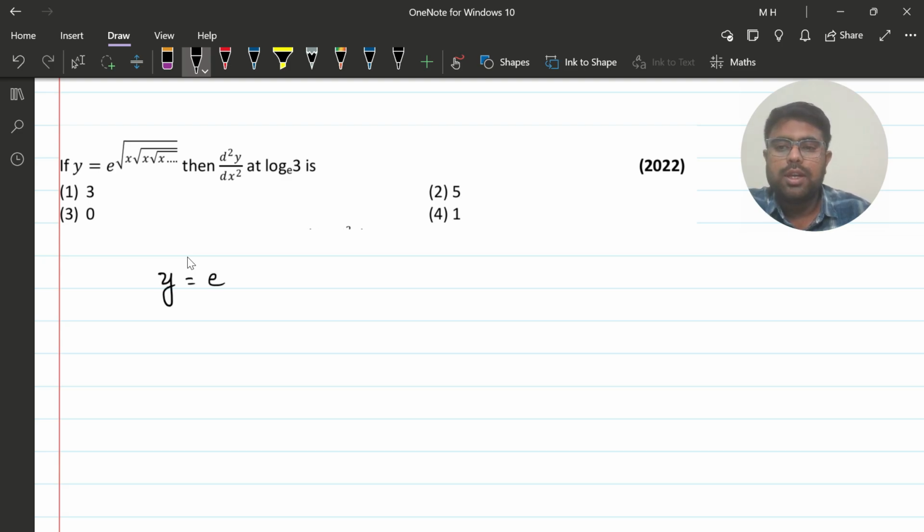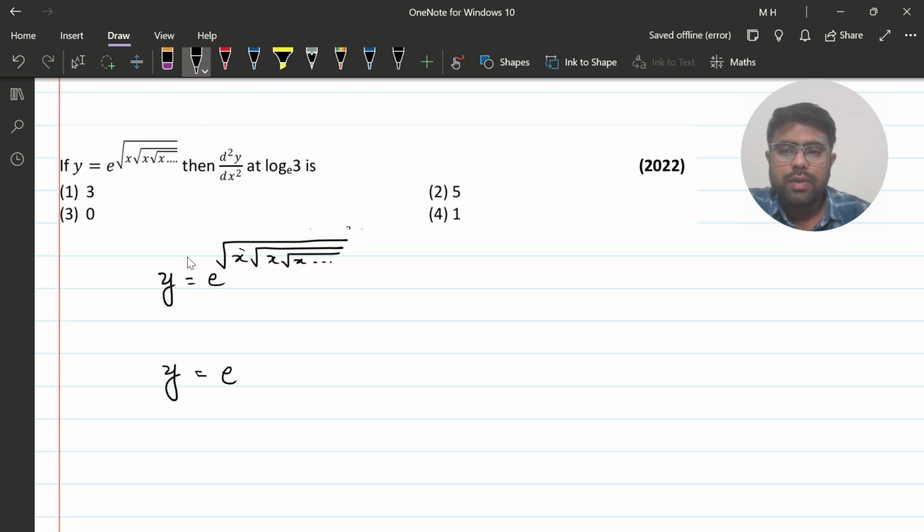So what I'm going to do now is I will just take the function first. Y is equal to e raised to under root x, under root x, under root x, and so on. If I look at this function, it is e raised to, if I take this x, it is x raised to 1 by 2, because it is under the root x.